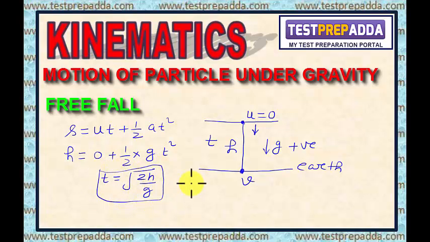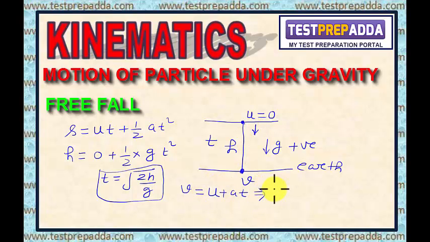So what can we say here? That when an object is dropped from height h, it will reach the earth in how much time? Root 2h by g. Now this velocity, this v, can be found with the equation of motion v is equal to u plus at. We are aware of this time t, root 2h by g, u is 0.